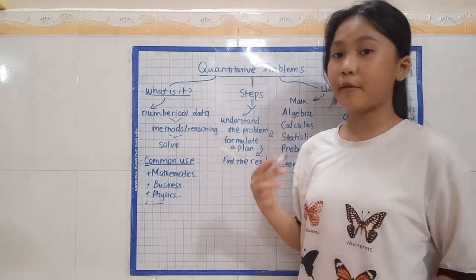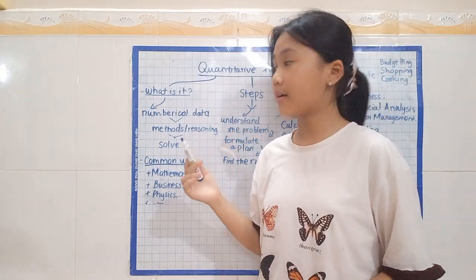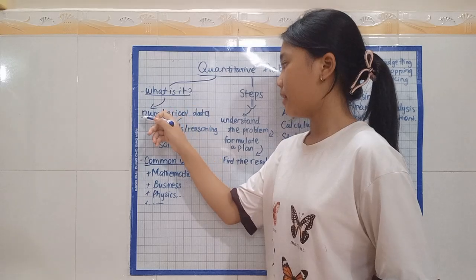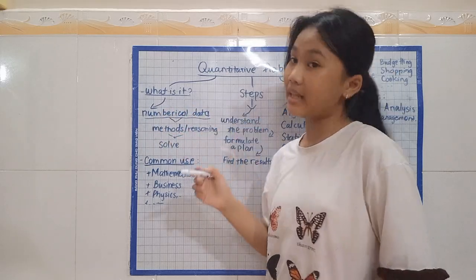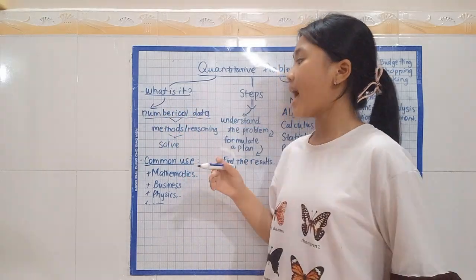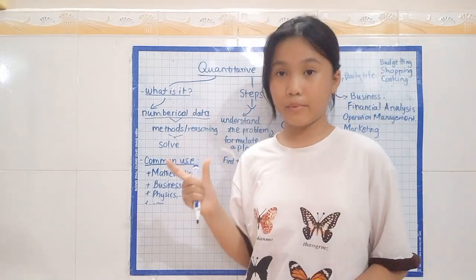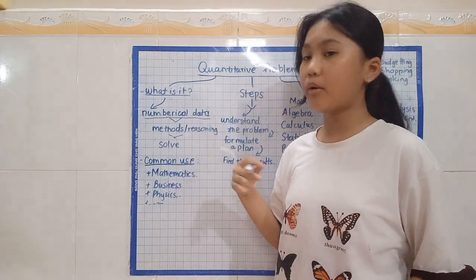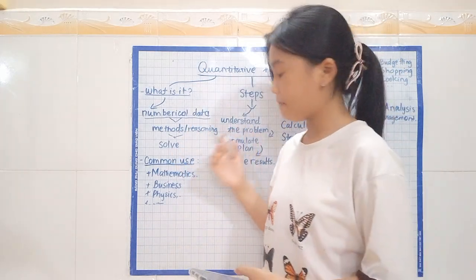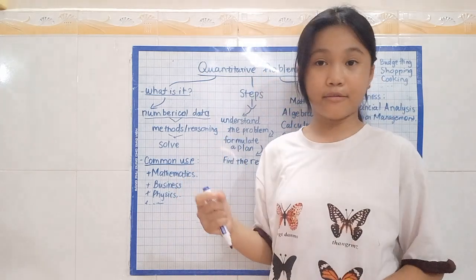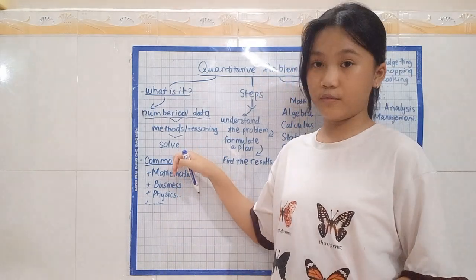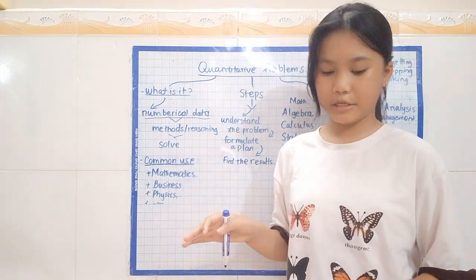Quantitative problems are basically understood as the numerical data of something, and when we have that numerical data, we use different kinds of methods or math reasoning to solve it with basic operations.